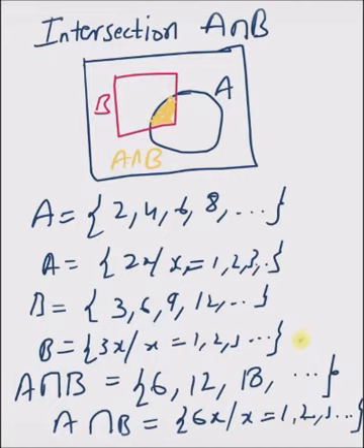So in this case, the intersection of the even numbers and the multiples of 3 is the set of multiples of 6. The next operation is the complement, which is denoted by the symbol C, where A is a set. Graphically, this can be represented as follows.